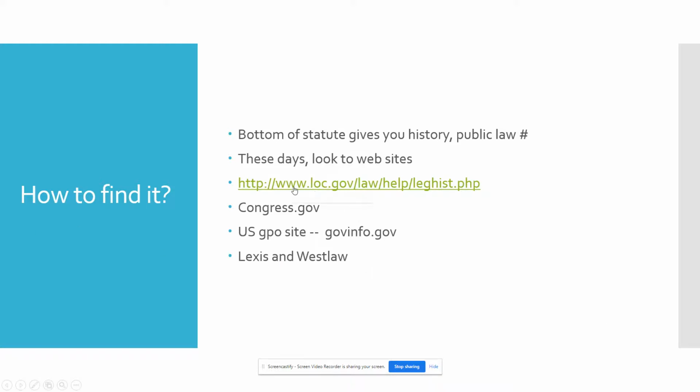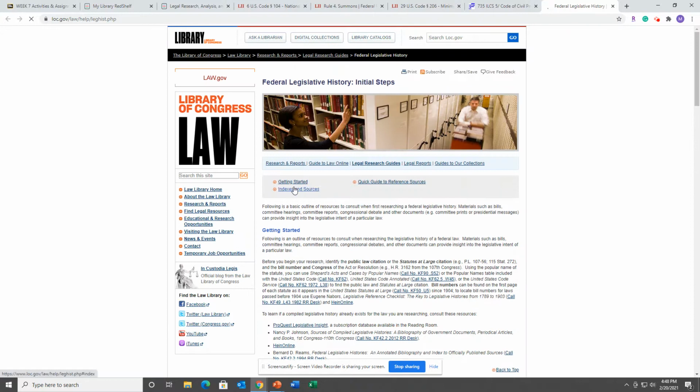When you're looking at these free sites, this is just some information on how to search for legislative histories.